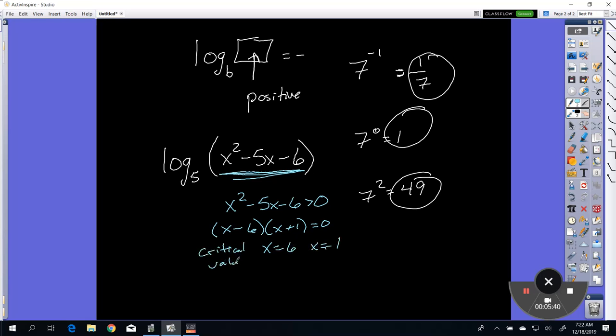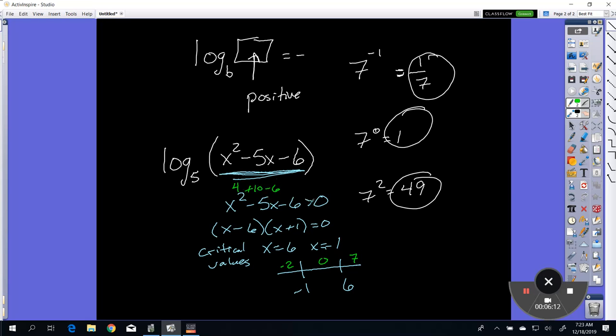critical values. And then once we had our critical values with an inequality, we put them on a number line. Is this coming back to your memories? And then we chose test numbers. And on my answer key, I did what I told you not to do. I used my test numbers to create my intervals. So we plug negative 2 in. Negative 2 squared is 4. Negative 5 times negative 2 is 10 minus 6.